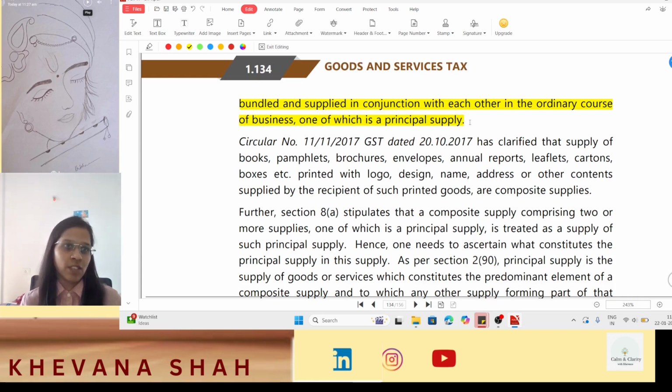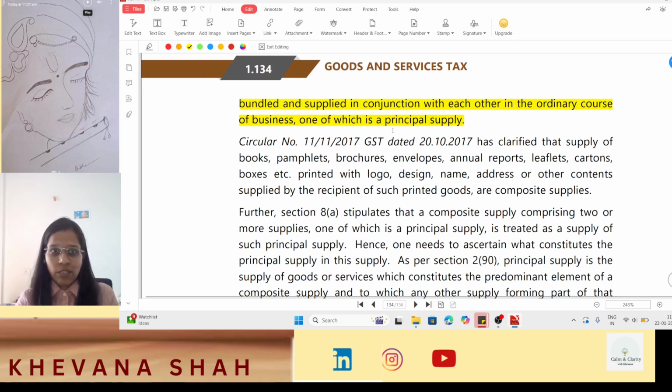Whether it is a natural bundle or not. What is a natural bundle? Natural bundle means in the ordinary course of business, that is in the usual practice of the business, they are sold together only. They are not sold separately. So here the content of the books cannot come without paper. So it becomes a composite supply, and the principal supply is your main supply. Your main supply here is the content of the books.